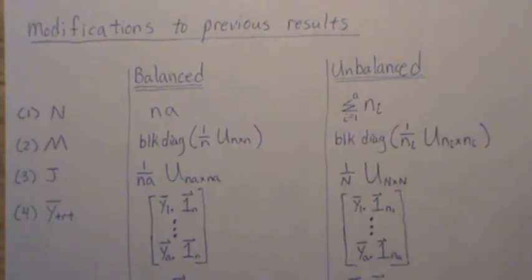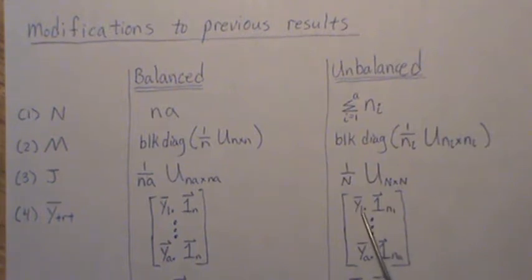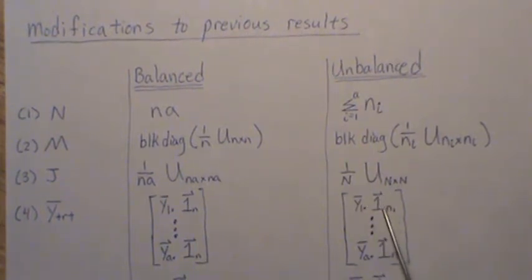The treatment mean vector, in the balanced case, has the treatment mean repeated n times for each treatment effect. But in the unbalanced case, how many times it repeats is based on the sample size for that treatment group. So Y1 dot bar is repeated n1 times.